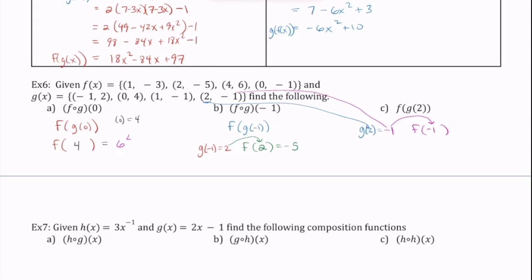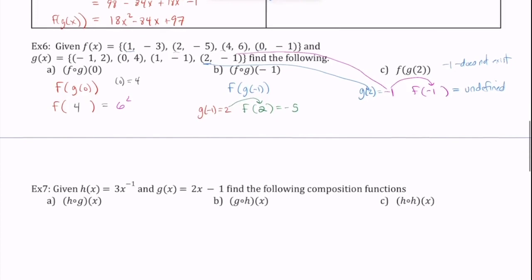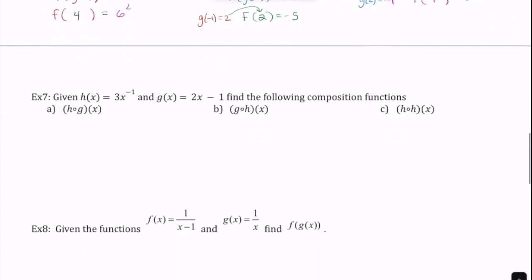We've got 0, 2, 4, 0. Negative 1 does not exist there. I don't see it there. So because it's not there, we're just going to say f of negative 1 is undefined. It's not defined in this function. So sometimes that happens as well.